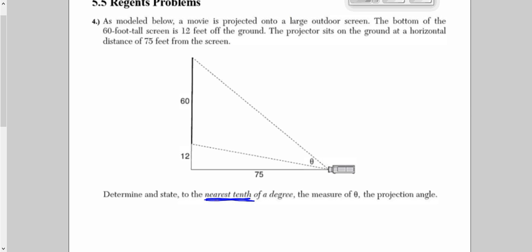Now listen, you might be tempted in this one to go right after theta as if it's in a right triangle. It is not in a right triangle. So at the point we're at with trigonometry, we cannot do anything with theta directly with trigonometry. That's not a right angle right here, so we can't do our normal trig with it.